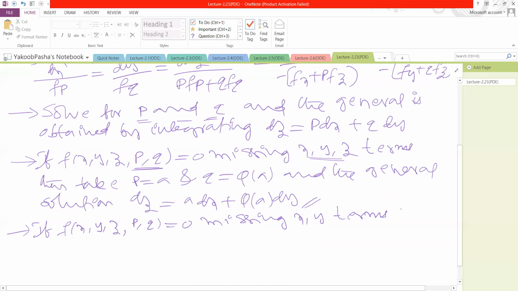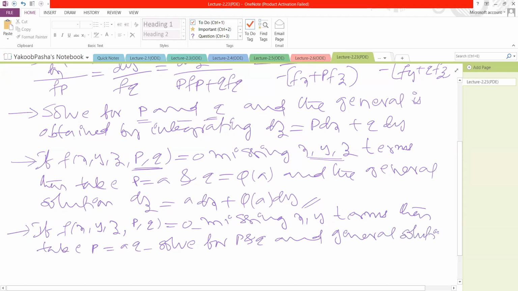If the independent variables are missing, then we have to take p = aq in the general case, and solve this equation and the given equation for p and q, substitute, and the general solution can be obtained by integrating dz = p dx + q dy.